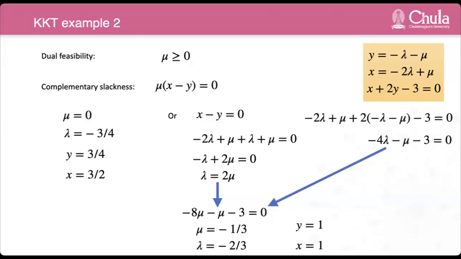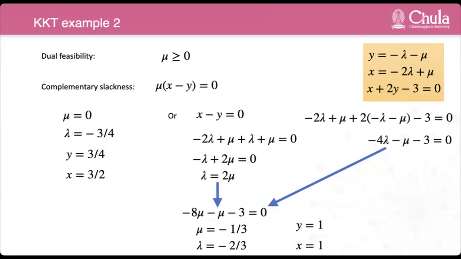We substitute it, so we have one variable, which is lambda. So we can solve for lambda. And once we obtain lambda, we substitute lambda and mu back. We obtain y and x.